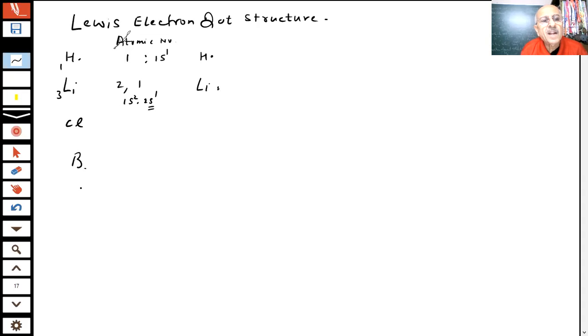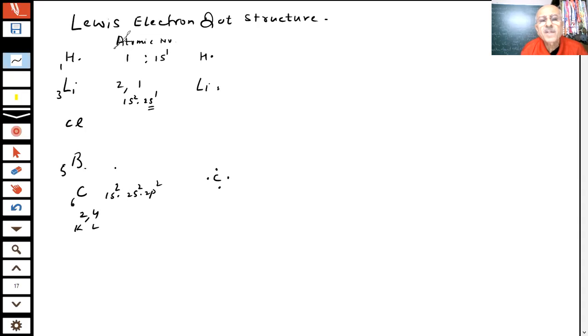And if I write carbon, students, carbon atomic number is 6, 1s2, 2s2, 2p2, or 2, 4, K shell, L shell. It has 4 electrons, so you represent carbon by 4 dots. Boron, then hydrogen, helium, lithium, beryllium, boron.